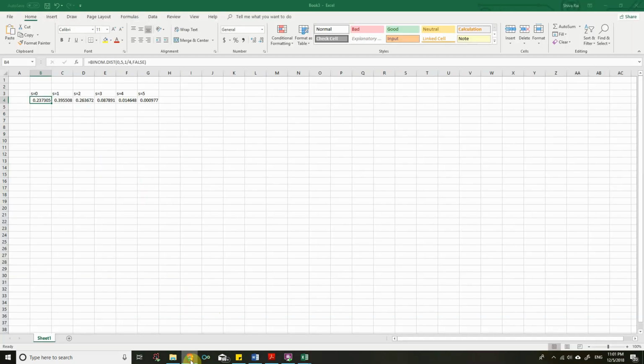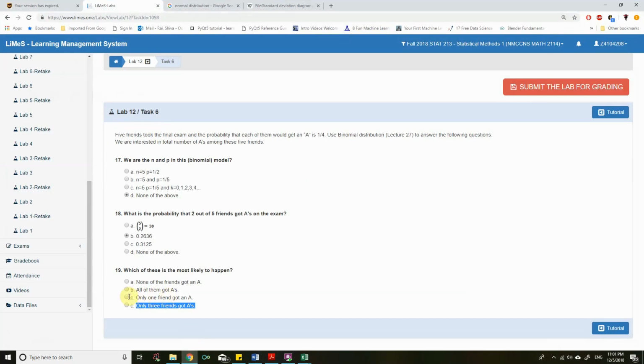So here you can see that the highest probability is 0.39. So we can say that only one friend got an A. That's the most likely to happen. Okay, so that's it. Alright, so that ends lab 12.